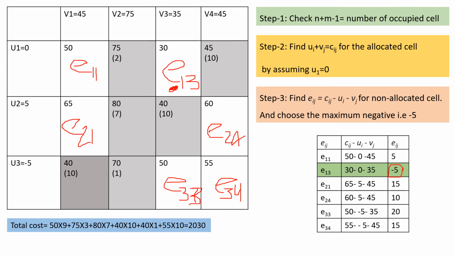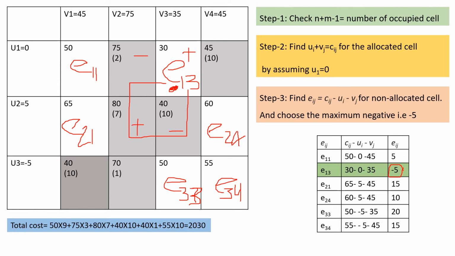Okay, so let me draw it again. Starting from here, we can draw like this, and we can turn like this, and we can turn back to our initial point. So let's assign the plus and minus signs. Starting from here, let's assign a plus sign here, a minus sign here, a plus sign here, and a minus sign here.